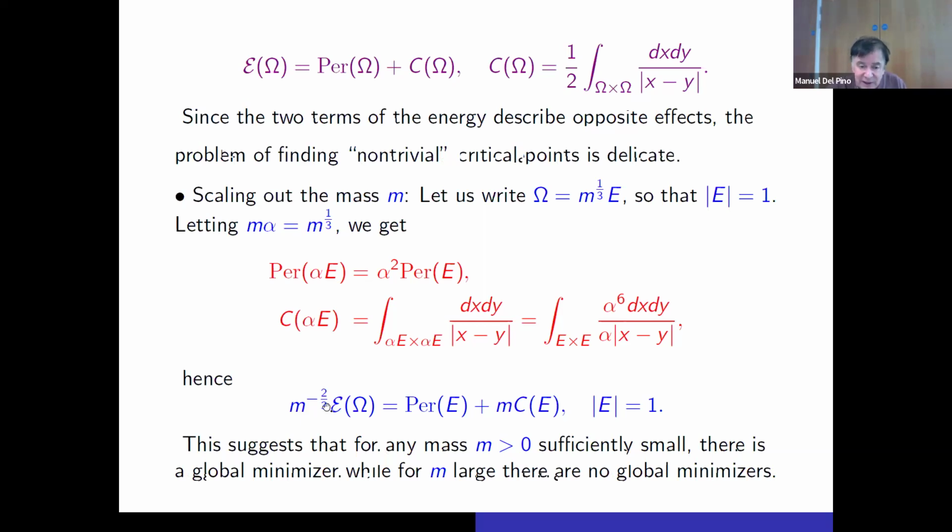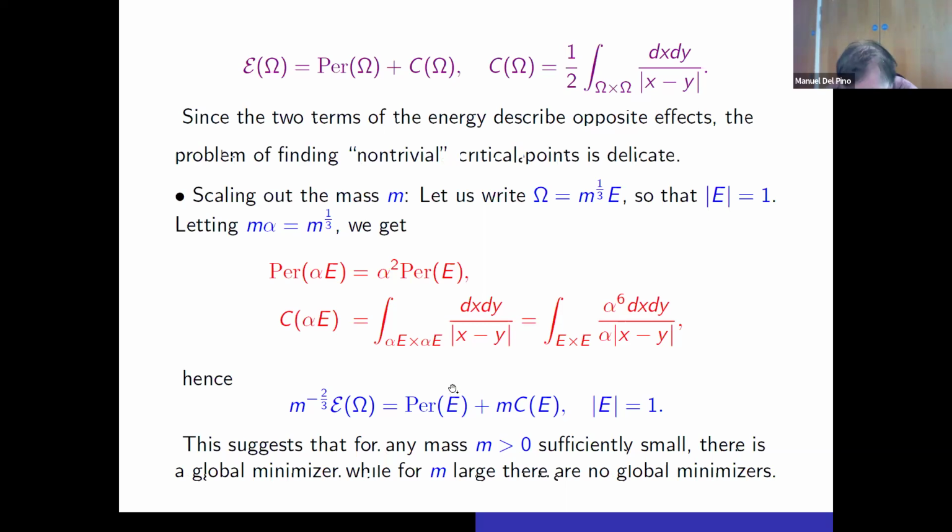If I divide by alpha squared, which means multiplying the energy by m to the power negative 2/3, then I get the perimeter of E, yeah? And here I get m, precisely m, times the Coulombian interaction, the Coulombian term for E, okay?